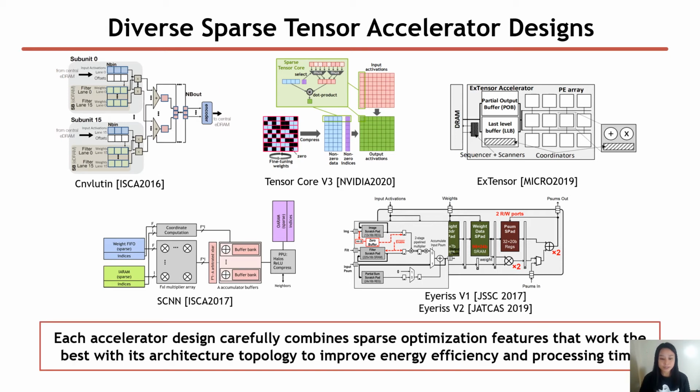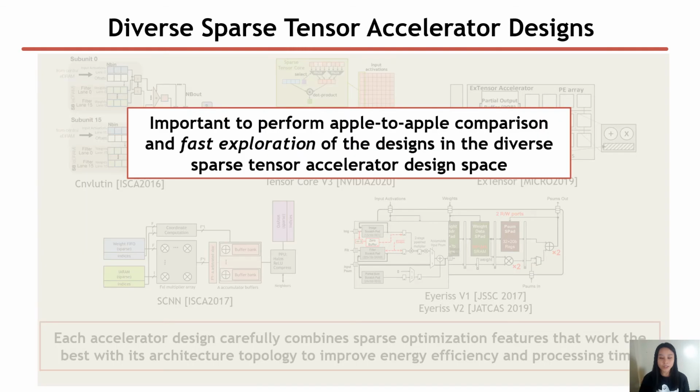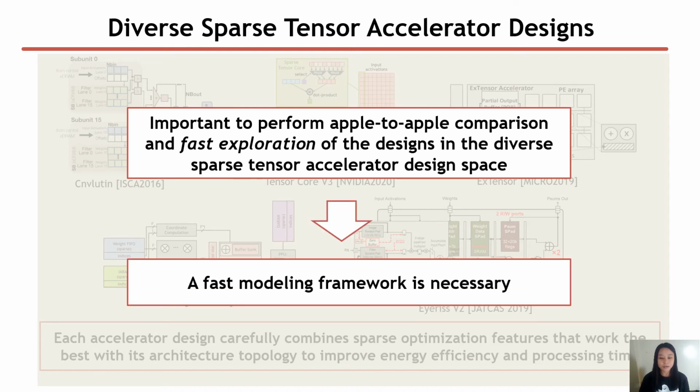Each of these designs carefully combines the sparse optimization features that work best with their architecture topology so that they can improve energy efficiency and processing time. It is very important for us to perform apple-to-apple comparison and also fast exploration of the designs in this diverse design space to realize new designs. And this is where a modeling framework can help us significantly.